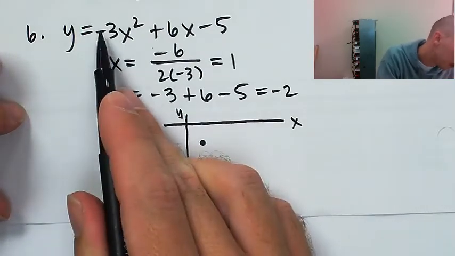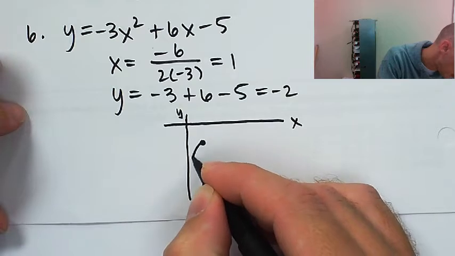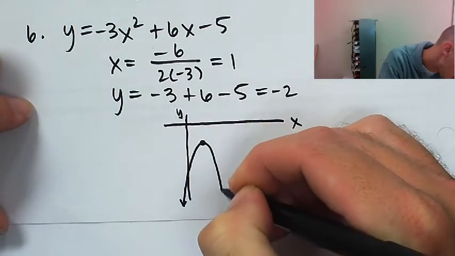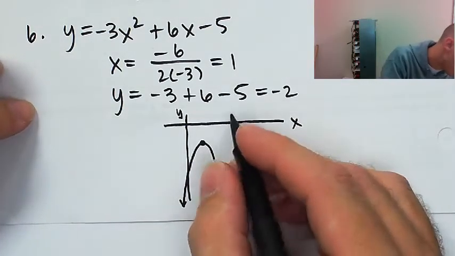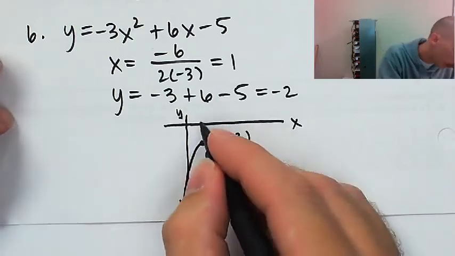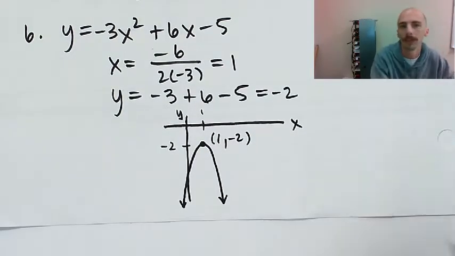Down because of negative, narrow because of 3. So let's say it's going to be like that. That's a pretty good parabola there. All right, so that's 1 and negative 2. Or we could have labeled that as 1 and this is negative 2. That would have also given the same information. Okay, that's enough of those.